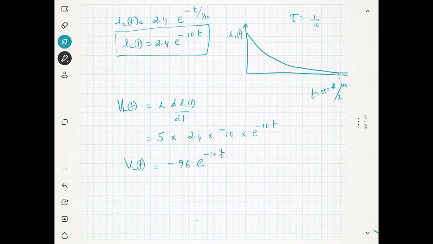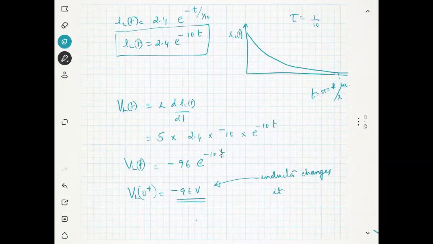You can see again VL of 0 plus, the voltage the moment just after closing the switch, will be minus 96 volt. So you can see again the inductor is changing its polarity.